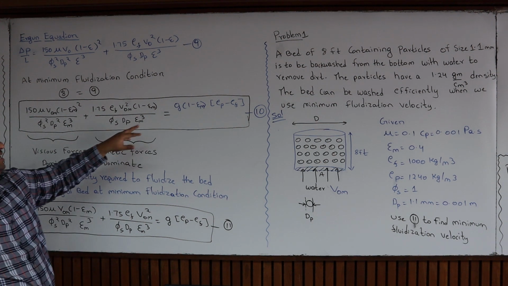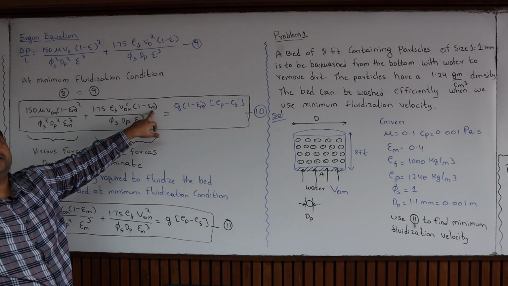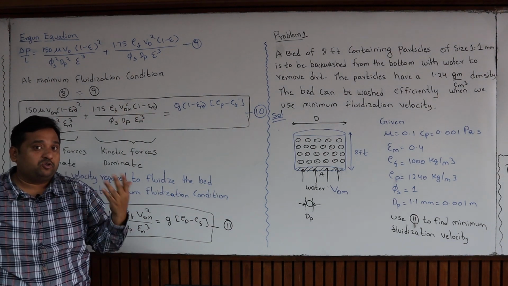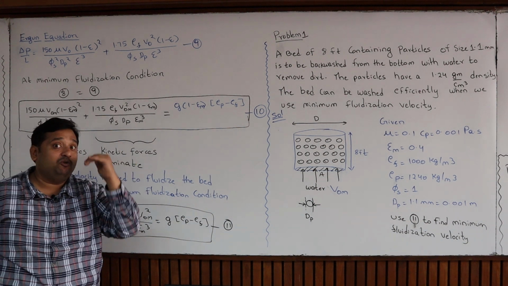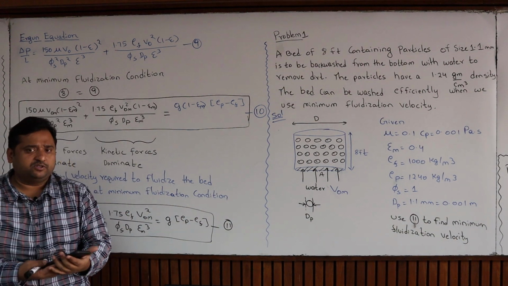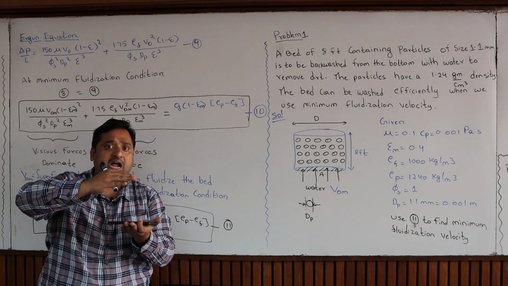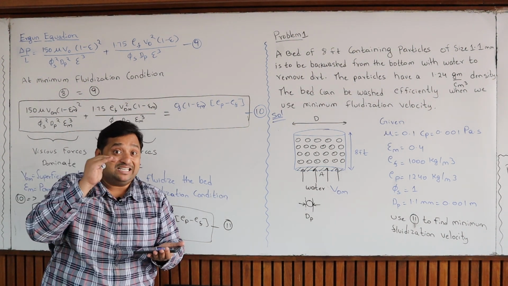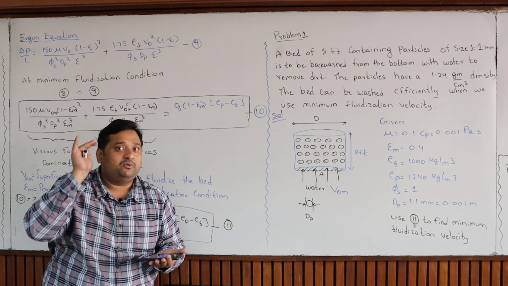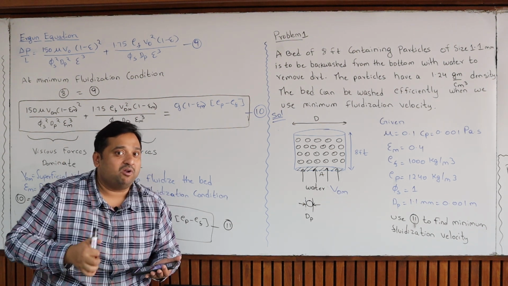And what is epsilon m? It is the porosity at minimum fluidization, that means the empty spaces during fluidization. If you slowly increase the velocity, the bed will start expanding and the porosity will change. So the exact porosity at minimum fluidization condition is called epsilon m.